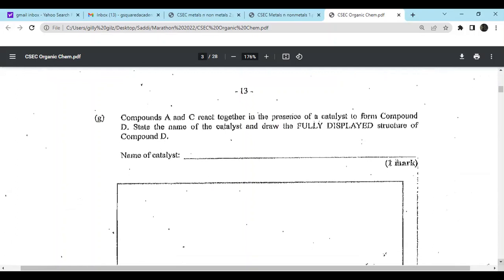Okay, compound A and C react together in the presence of a catalyst to form compound D. State the name of the catalyst and draw a fully displayed structure of compound D. So we are now diving in because it's very difficult. Well, it's not difficult, but it's more likely that you are going to be given a lot of things about reactivity in the exam.